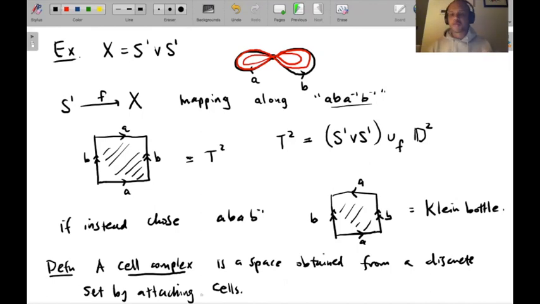Okay, so you start with some finite set of points with the discrete topology, and then you attach some cells, maybe, well, yeah, in some sort of way.